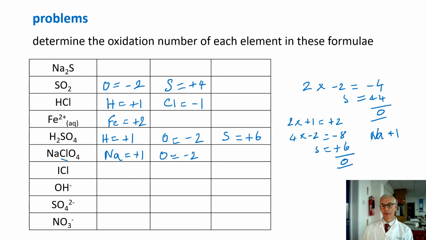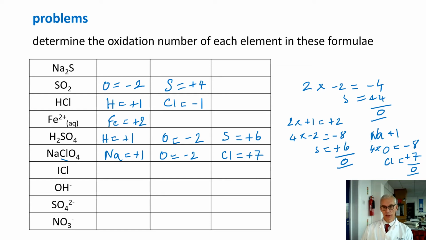We've got 4 times oxygen, that's going to be -8. So chlorine, if the sum of the oxidation numbers is going to be 0, chlorine must be +7. Yes, the oxidation number of chlorine is +7.